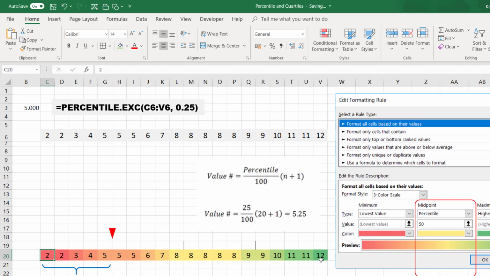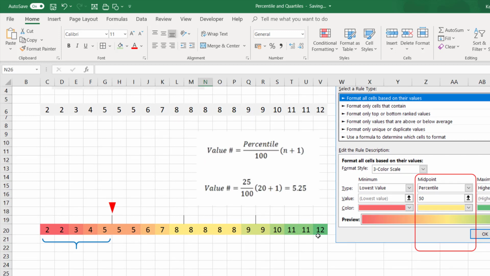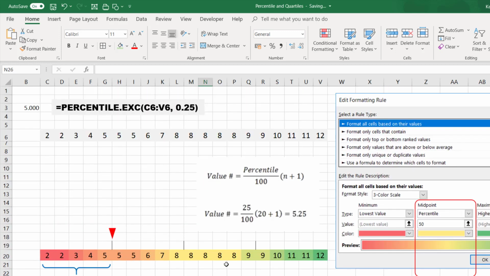Those towards the highest value, which is 1, will be green. Now suppose the numbers are not ordered. You can use conditional formatting to quickly identify which items are in the higher quartiles and which are not. That's why we use conditional formatting.